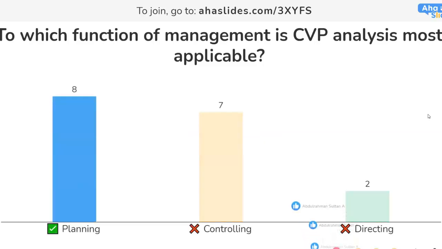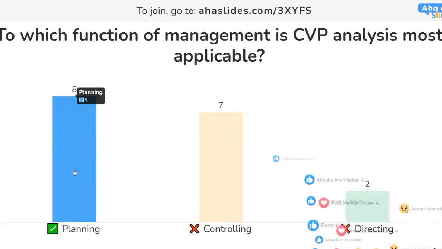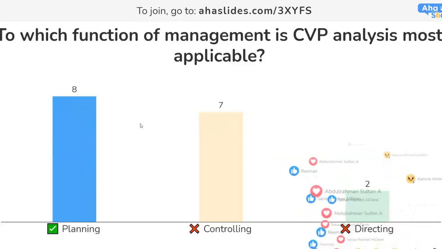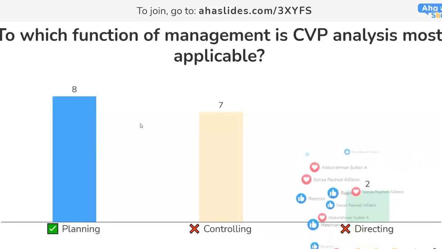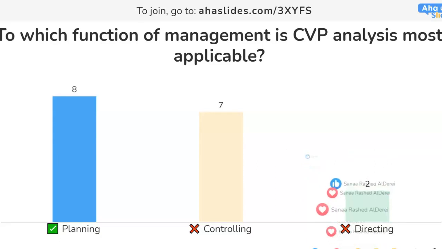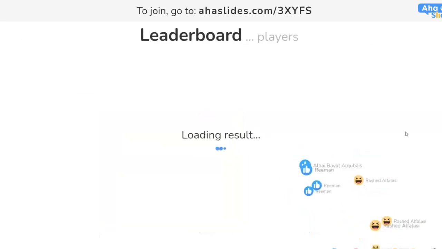Oh, no, not controlling, it's planning. I'm trying to predict the future. I want to estimate what sales I need in the future. I want to determine the cost if I want to produce or sell so much. No, it's not controlling. This tool is a planning tool.